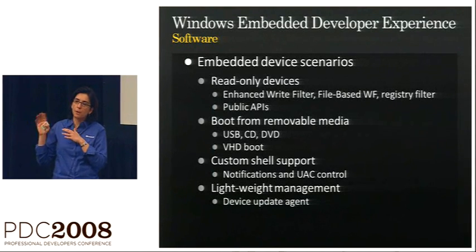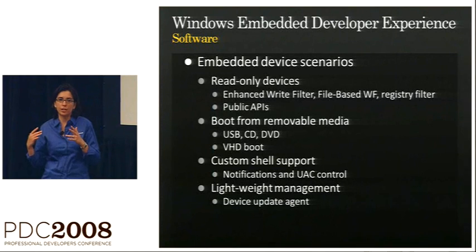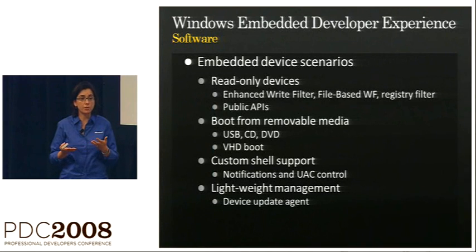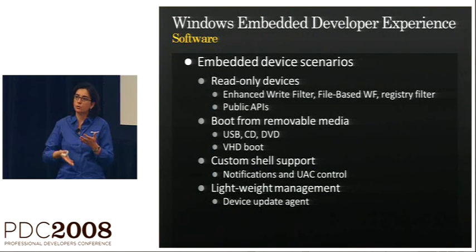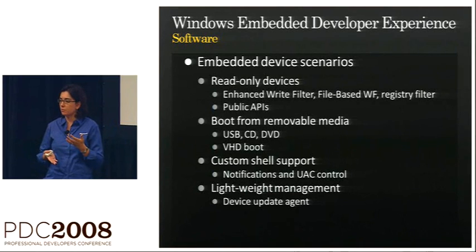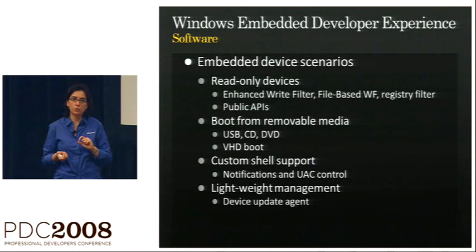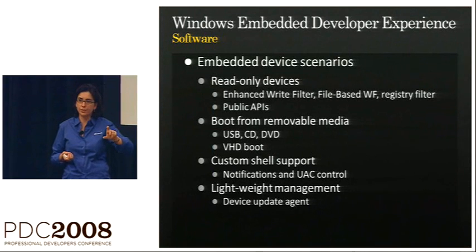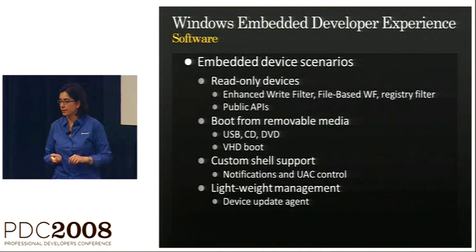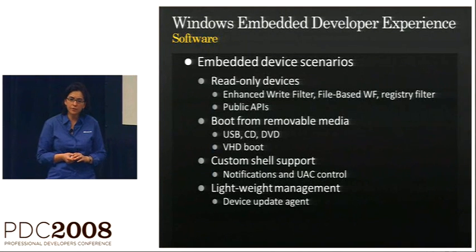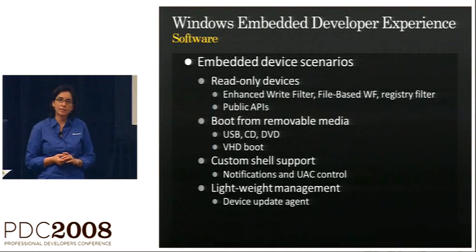Now, often that's problematic. So if you have an application that does need to save some legitimate changes to the hard drive or to the boot media, we recommend file-based write filter that you can use to exempt certain files and folders from being redirected and discarded. And finally, registry filter provides the same mechanism.